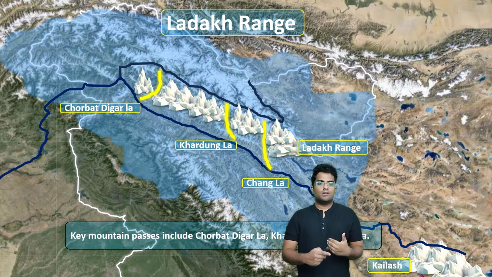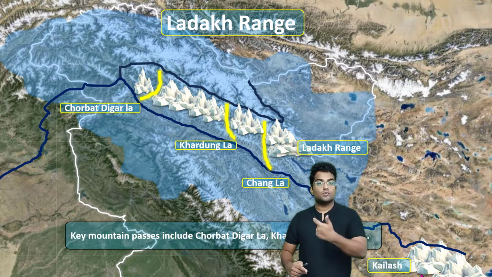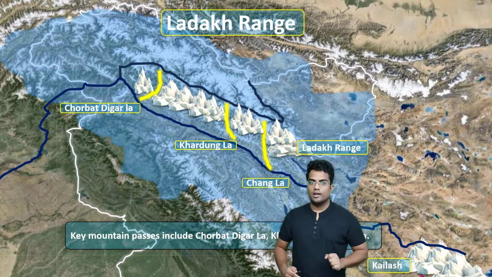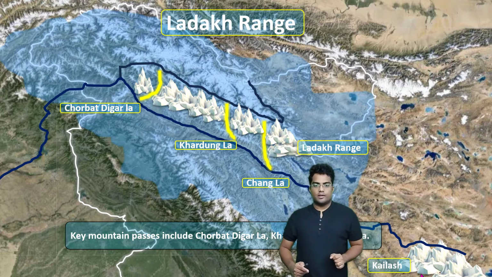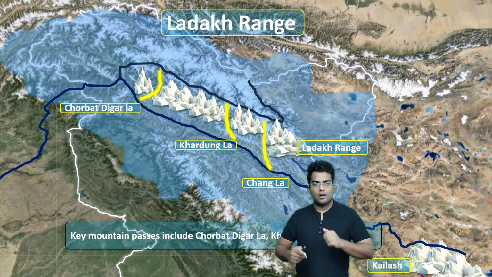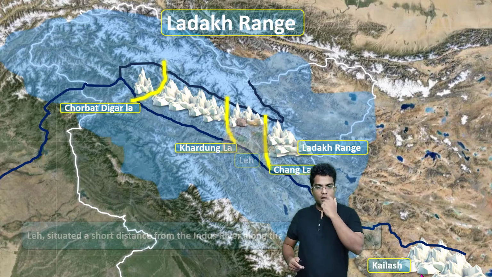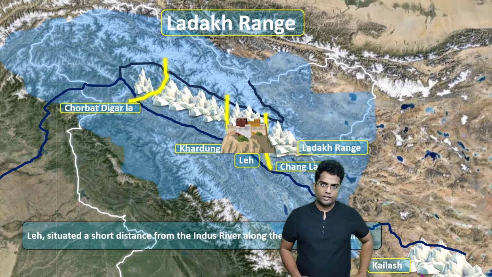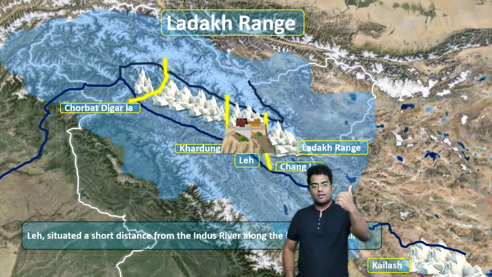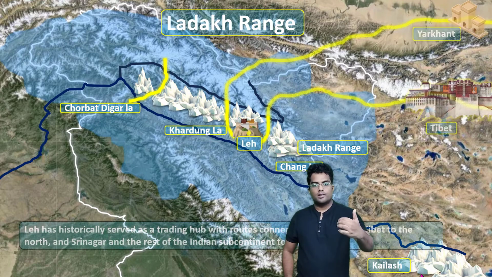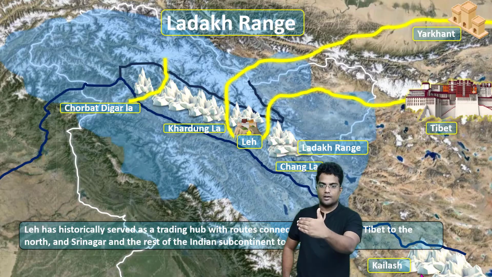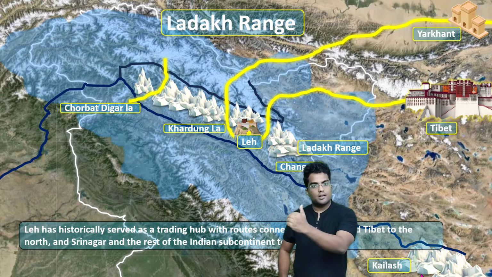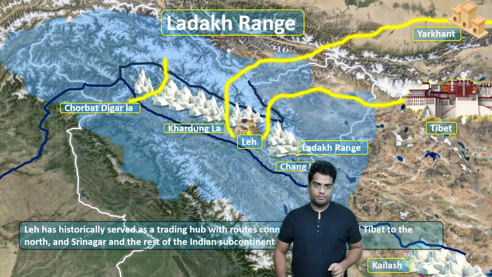Now let's understand the importance of these passes, geographically as well as historically. And let's understand where the city of Leh is located. As you can see, that's the Kadungla Pass, and the city of Leh is almost adjacent to the Kadungla Pass. So this is where the city of Leh is located. The Kadungla Pass basically connected the ancient capital of Yarkand, and the Changla Pass connected the ancient capital of Tibet.